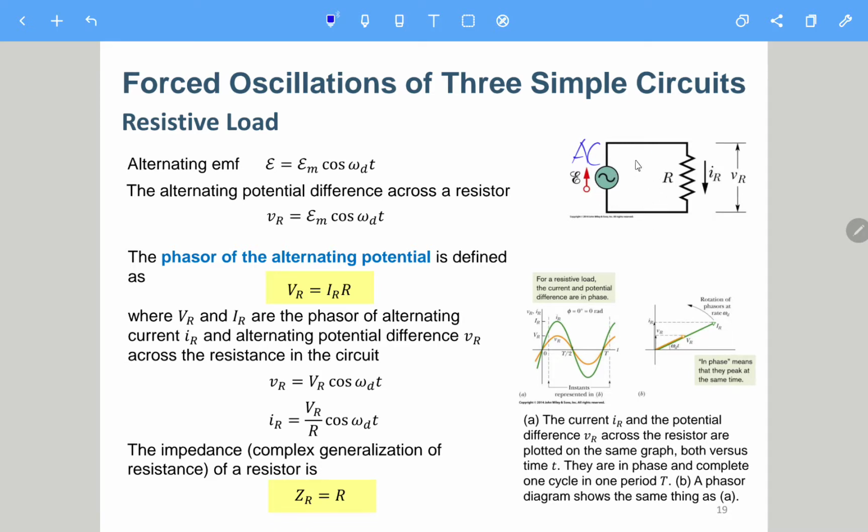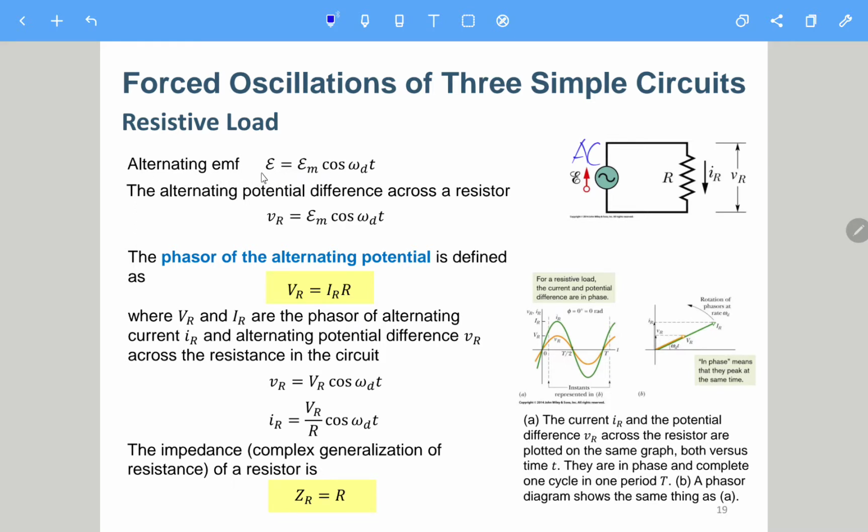Okay, so it is in series with a resistor R. So this simple circuit. We can see this is the so-called alternating EMF, because AC means alternating current.